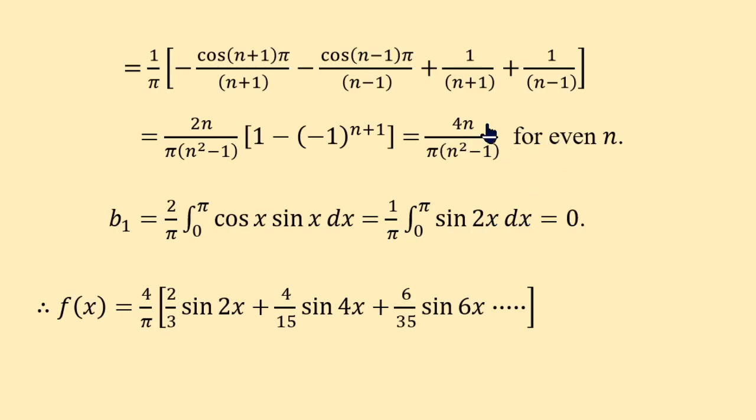So for even integer, when n is 2, 2 by 2 square minus 1, that is 2 by 3, sin nx, so sin 2x, plus when n is 4, 4 by 16 minus 1 is 15 sin 4x, plus 6 by 36 minus 1 is 35 sin 6x, plus 8 by 63 sin 8x, and so on.